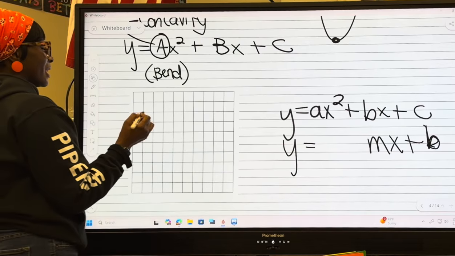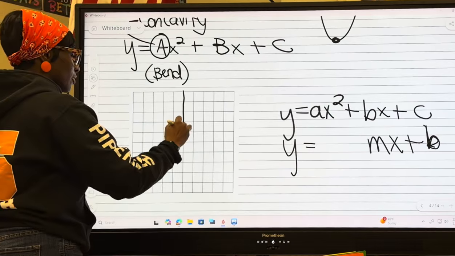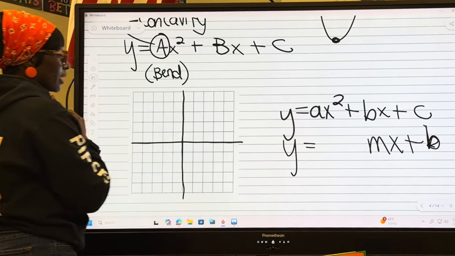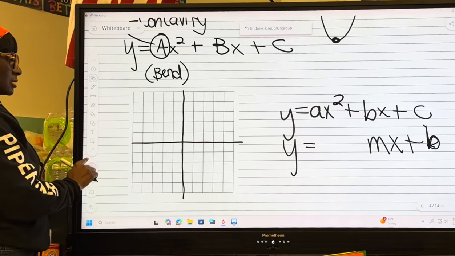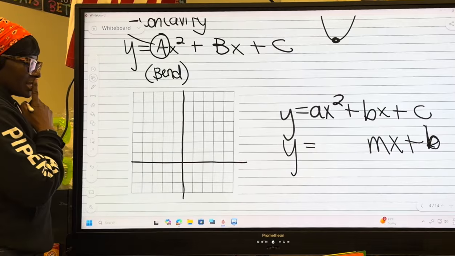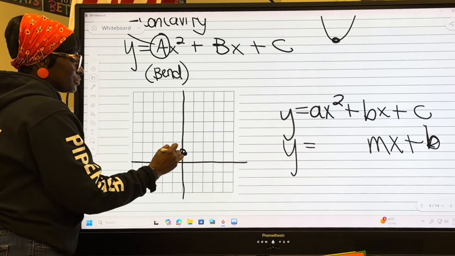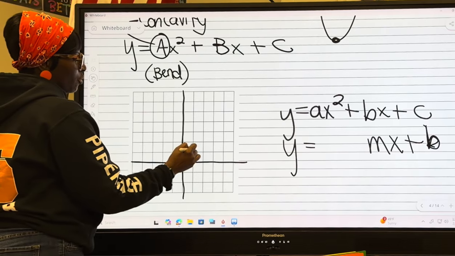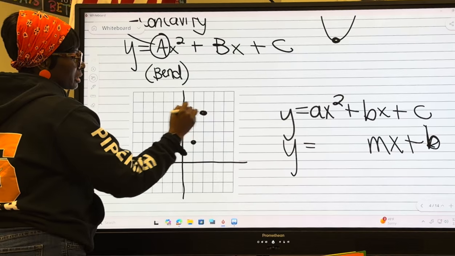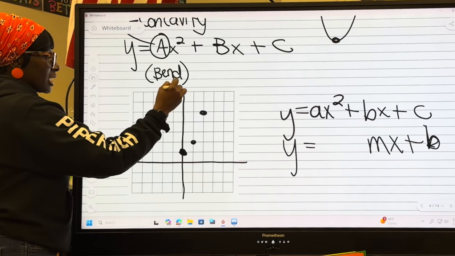So let's say this is a coordinate plane, right? And let's say we have a vertex right here. If I go out 1, up 1, out 1, up 3, it'll be the same thing on the other side.